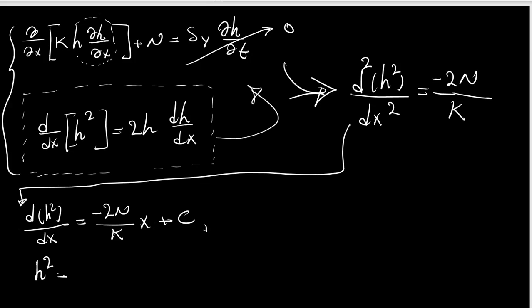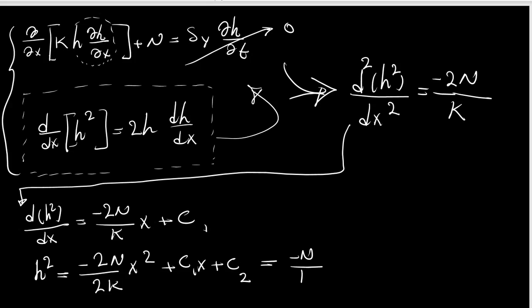And if I integrate again, I can write h squared equals negative 2n x squared over 2k plus c1 x plus c2, which is negative n over k x squared plus c1 x plus c2.